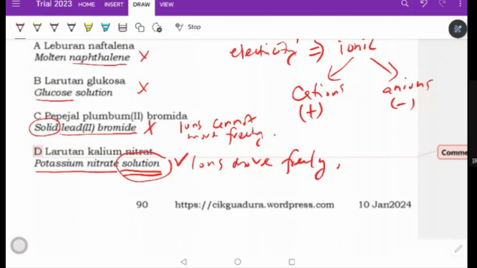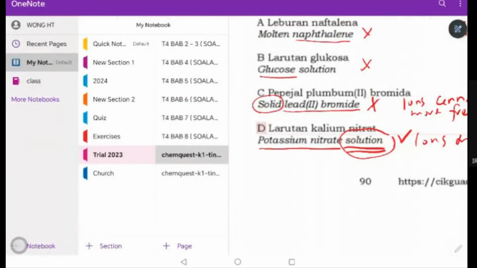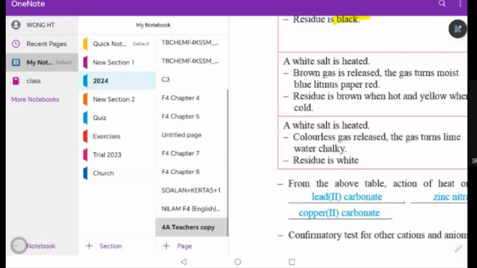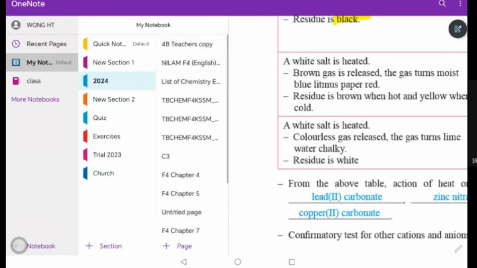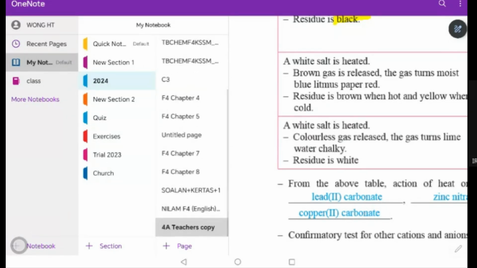Teacher, how does an ionic bond look like? Ionic bond is just the attraction between the positive and negative ions. Okay, let me show you in your notes.